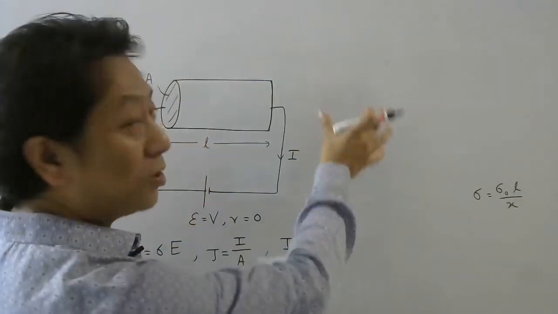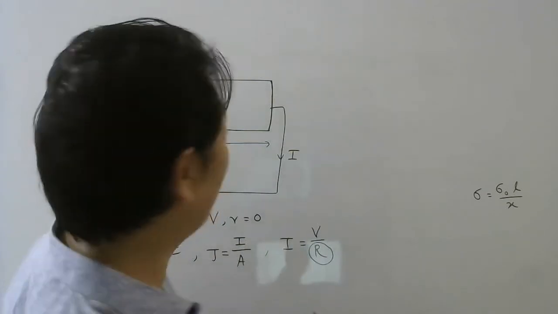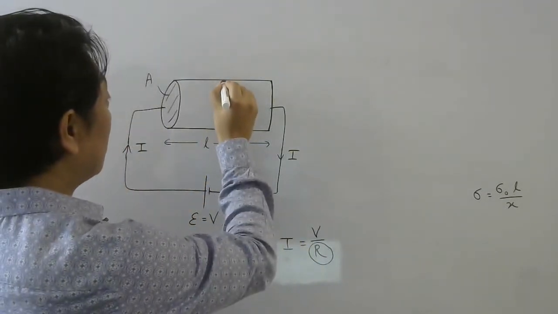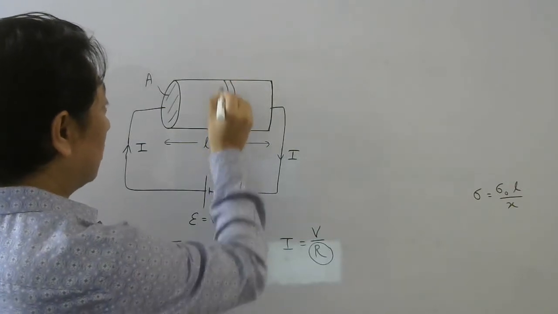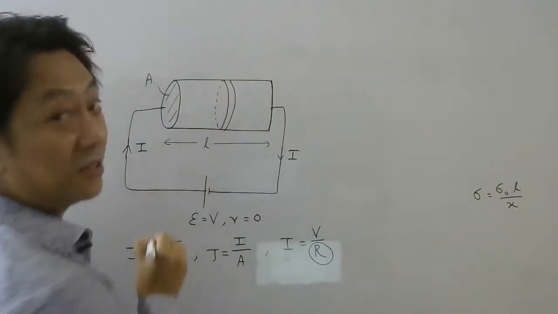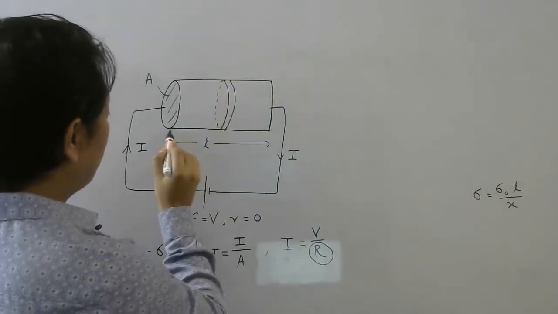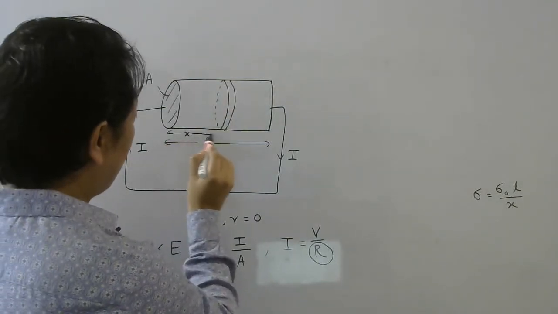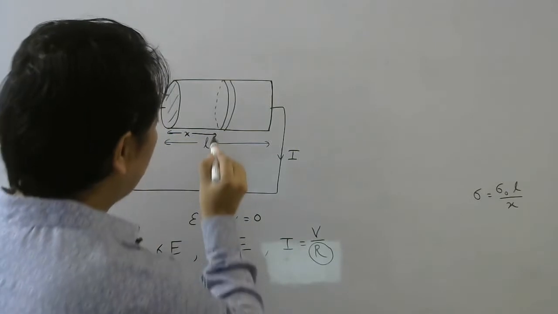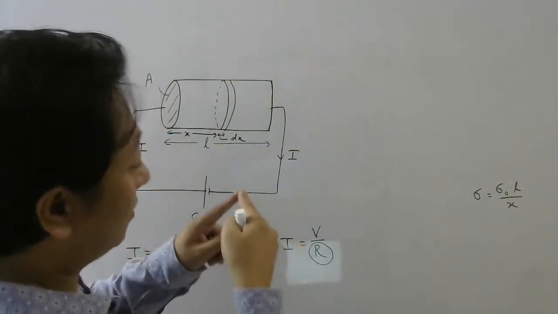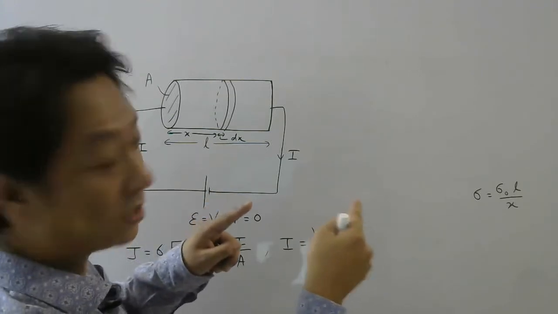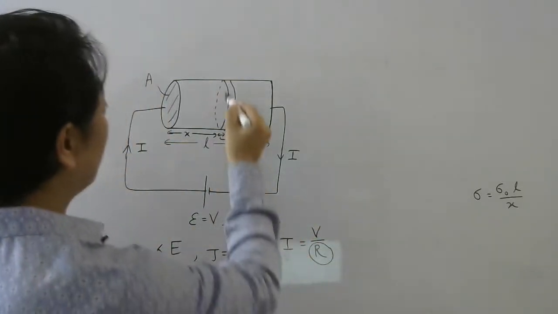So since we cannot use the formula rho L by A directly, what we need to do is consider a small section of this rod, which will be like a disc, right? And this disc you consider at a distance x from one end of the rod, and the thickness of the disc will be obviously dx, right? If this is x, small change in x will be dx, isn't it?